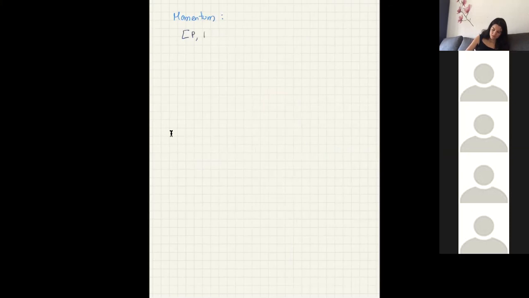So the Hamiltonian again is going to be 1/2 mu p squared plus V of x. Now, this is 0.